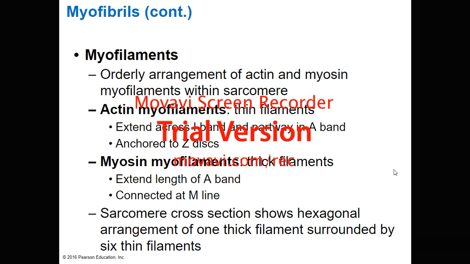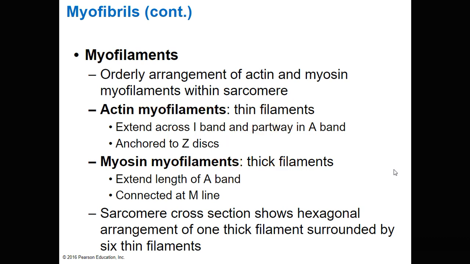We're going to see this on the next slide. The sarcomere cross-section shows a hexagonal arrangement of one thick filament surrounded by 6 thin filaments.